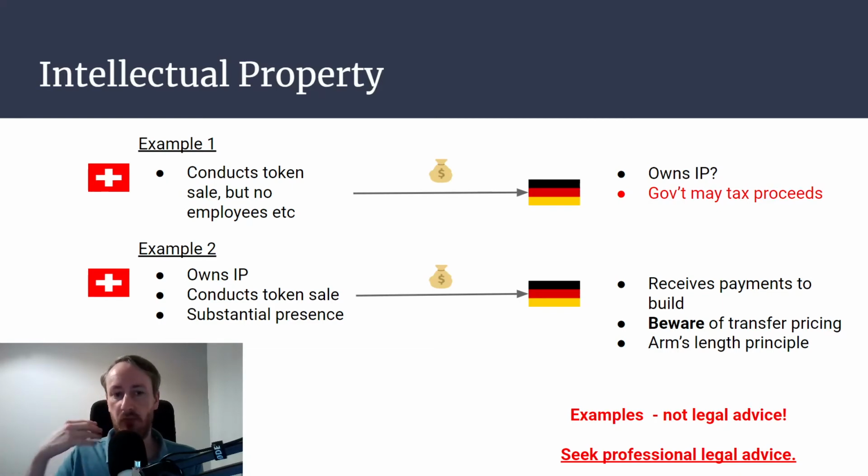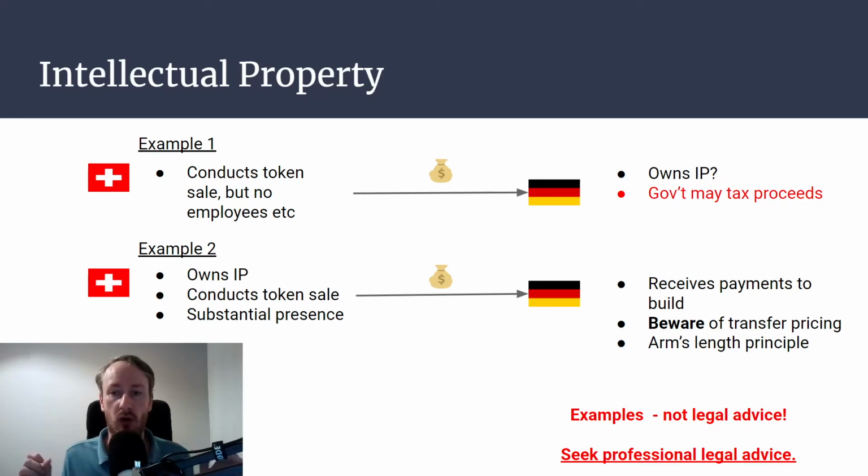In the first example on my slide, a theoretical example, you try to conduct a token sale in Switzerland, but you don't have any employees there and you don't even have an office there. And to make it worse, your intellectual property is owned by a German entity, or people even just residing in Germany. The government in Germany may try to tax the proceeds from the sale of your token.